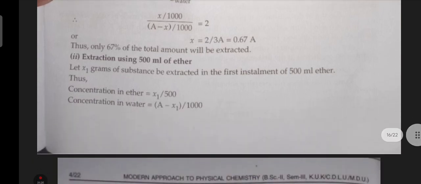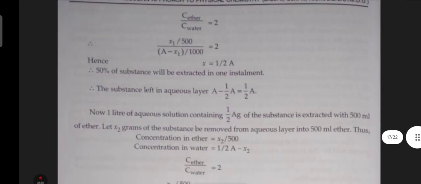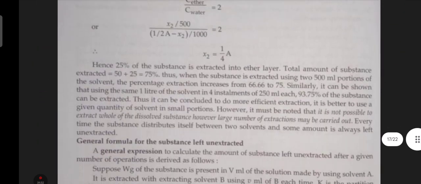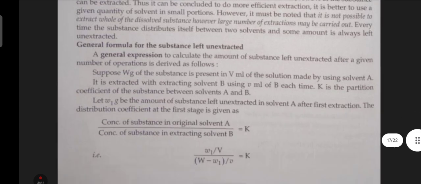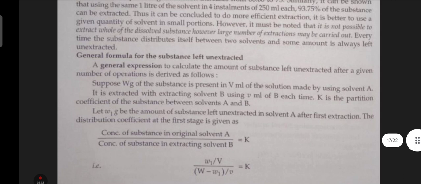When extraction is done using 500 ml of ether twice, we will get 75% of the amount extracted.